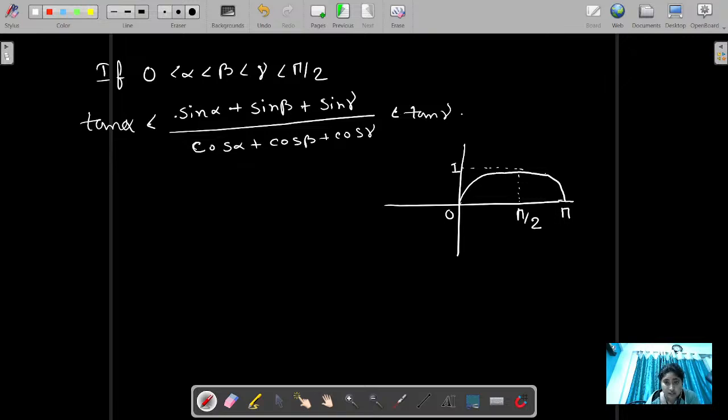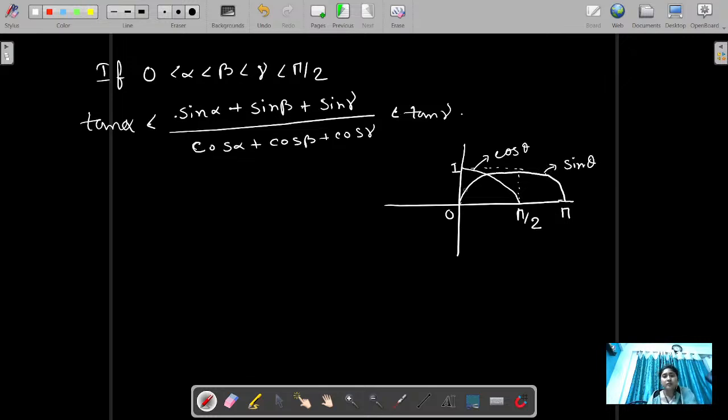So this is sine theta. And what about cos theta? Cos pi by 2 is 0, right? And cos 0 is 1. So for cos theta, it is like this. This is for cos theta or cos alpha, whatever you can say, and this is for sine theta.